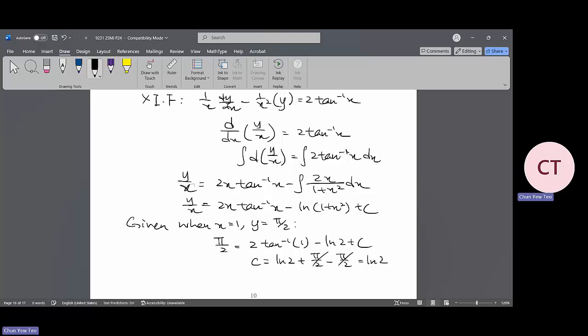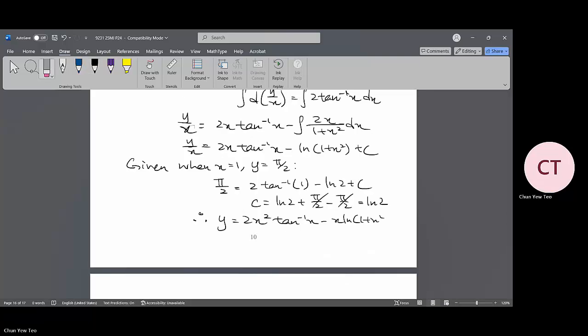This one can cancel. So therefore, your y is equal to 2x squared arctan of x minus x ln of 1 plus x squared, and then plus x ln 2.